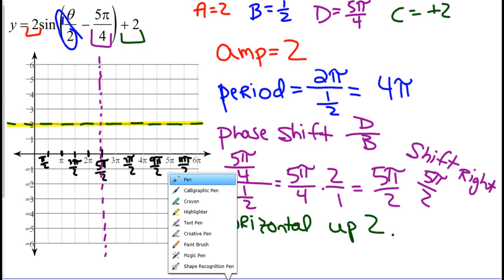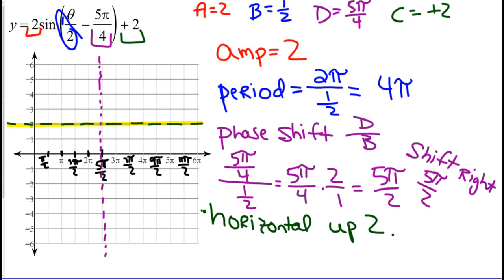So there is our new set of axes, and right where they intersect is our new origin. Once I've figured out my amplitude, my horizontal and phase shift, my new axes and new origin, then I can actually start to graph.